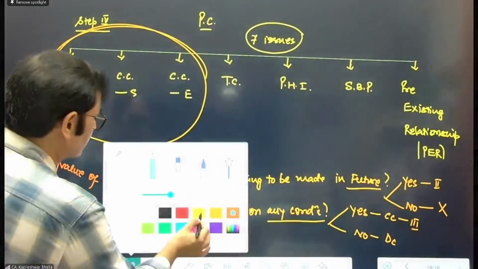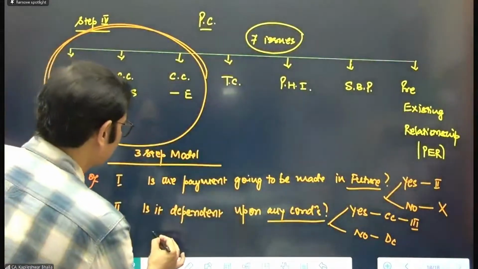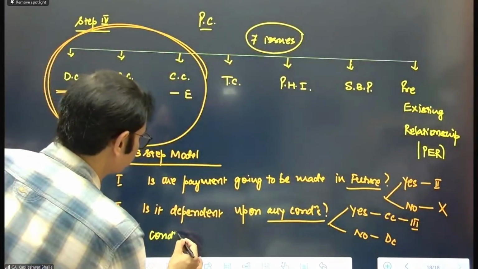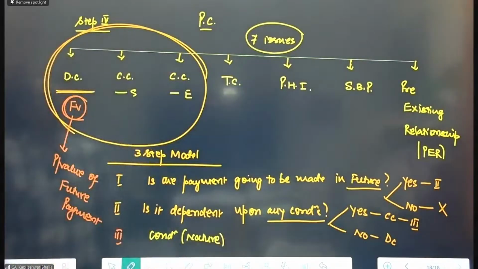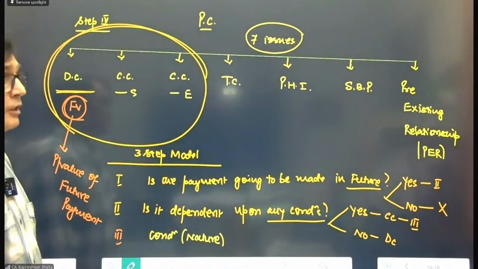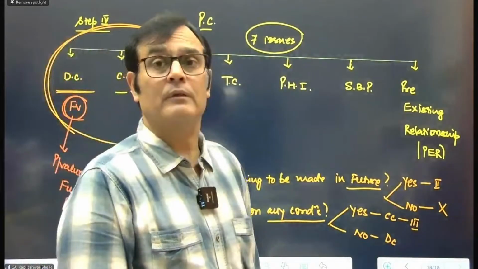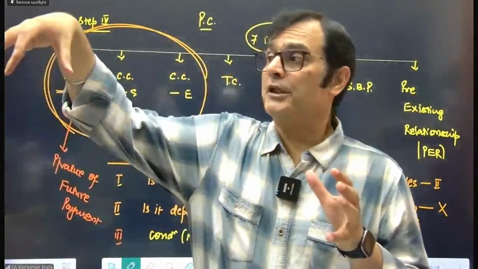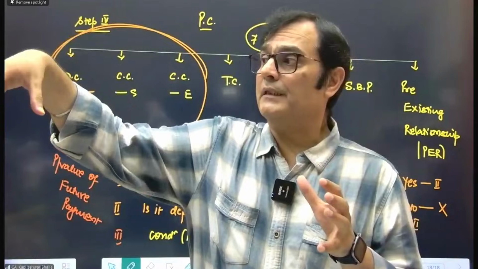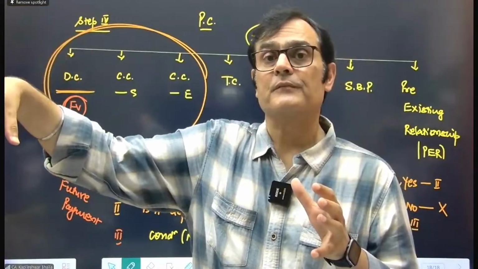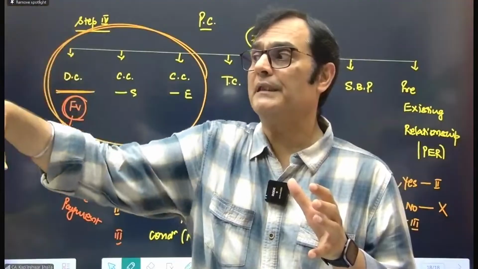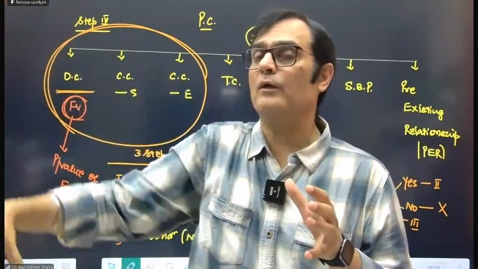In step number 3, you need to see what is the nature of the condition. Most of the time, the shareholder of the acquiring company is also the employee of the acquiring company.